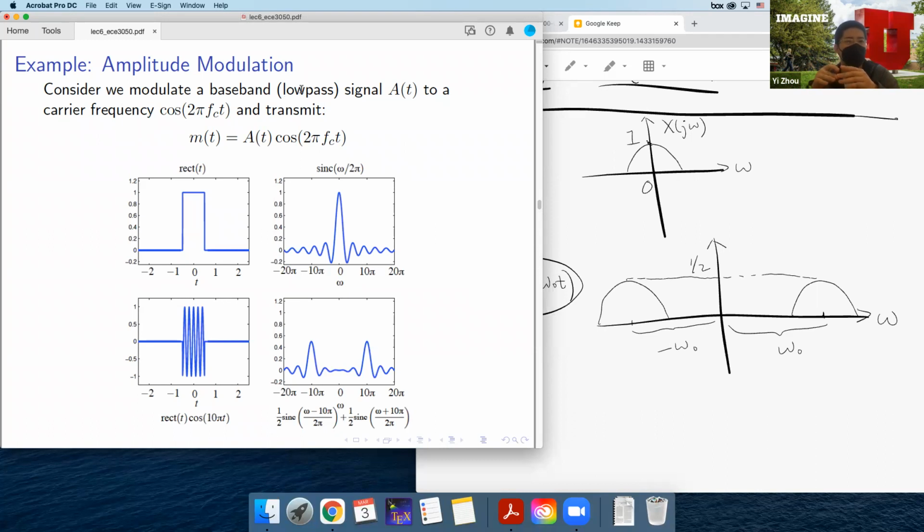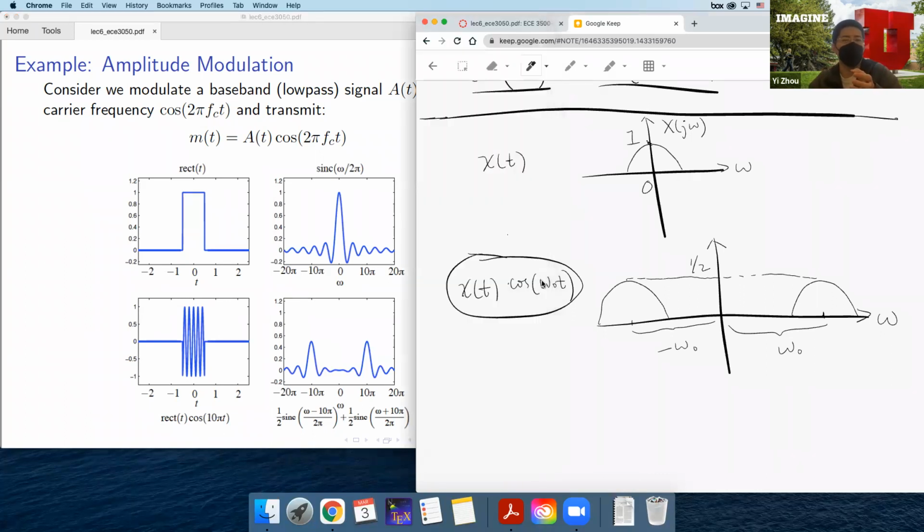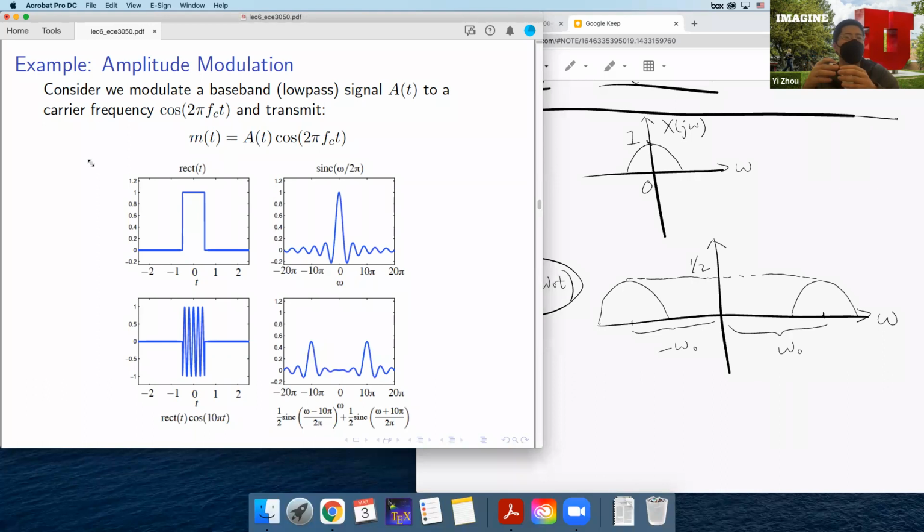So we are modulating a baseband signal a(t) onto a carrier cosine 2 pi f_c t. This carrier frequency is the omega naught that we talked about here. It is the frequency where you want to transmit in the wireless communication channel. For example, if you want to transmit in the 2.4 gigahertz channel, then you should consider f_c to be 2.4 gigahertz.